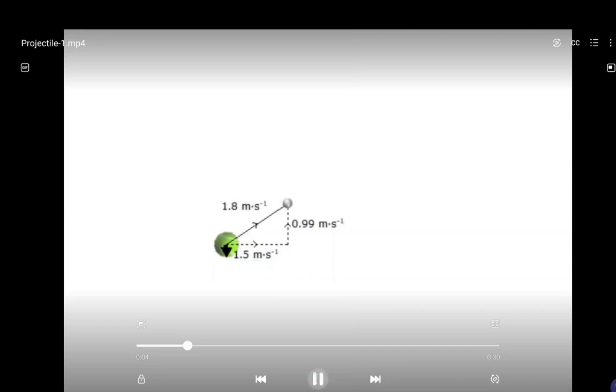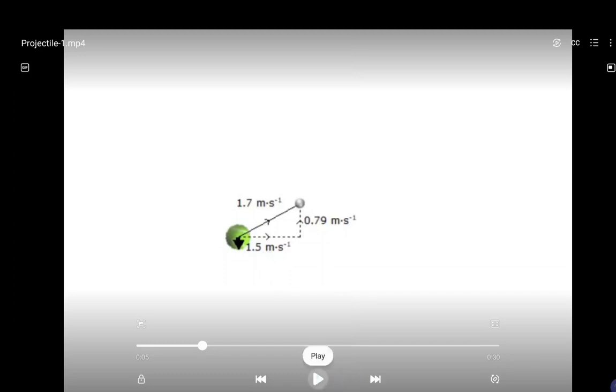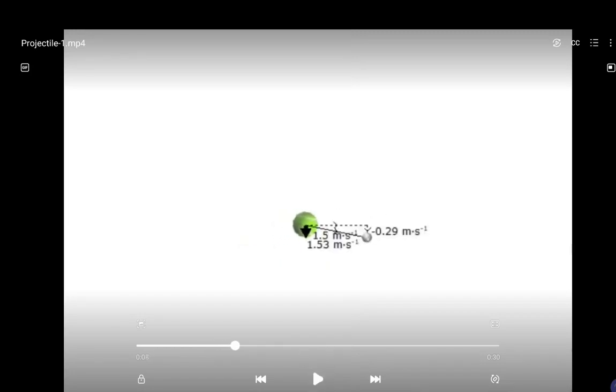Again, the y component is decreasing and the x component is constant all the way. At the maximum height, the y component becomes 0 and the x component remains the same.